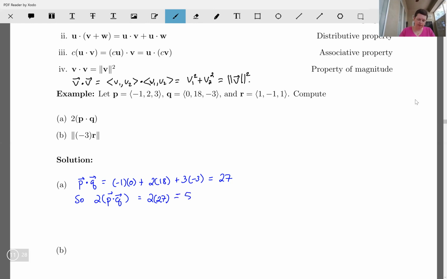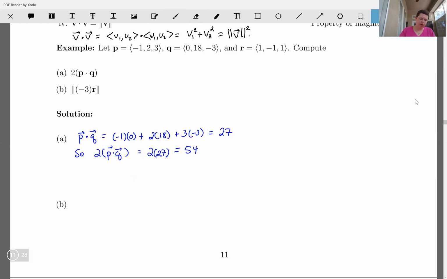So that is 54. All right, what about the magnitude of -3 times r? Okay, so first let's compute -3 times r. That's going to give me -3, 3, -3.